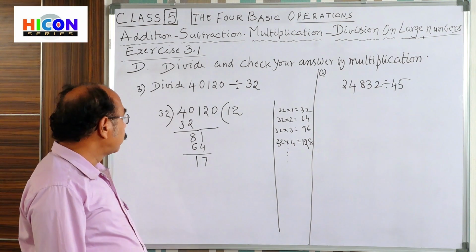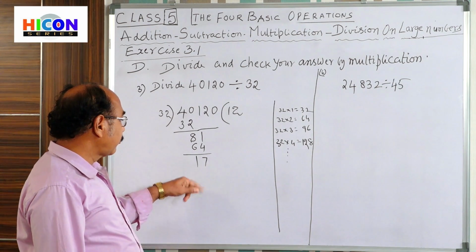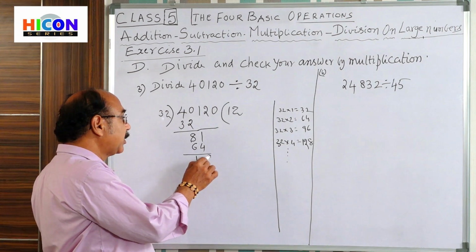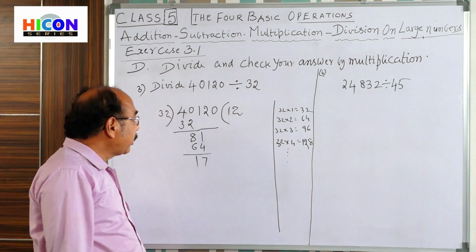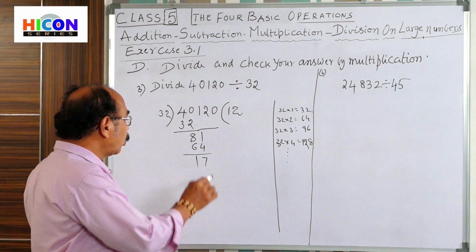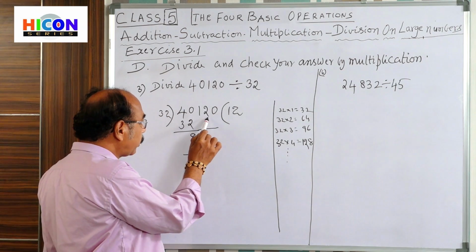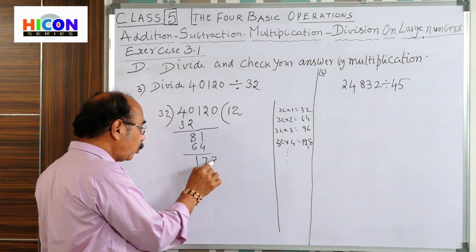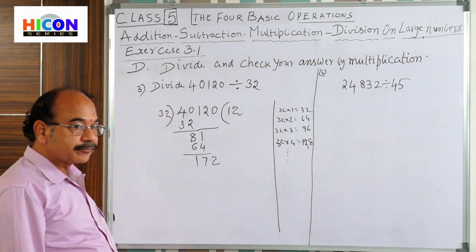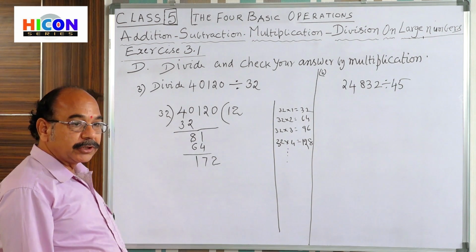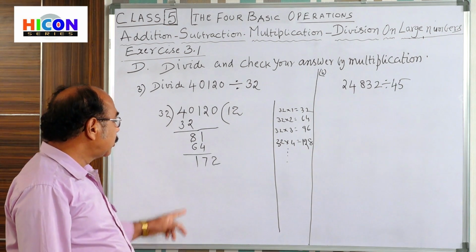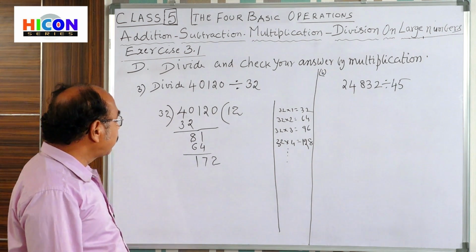Now, from the dividend, what do we bring down? 2. Bring down 2. Now you see how many times 32 can divide 172.